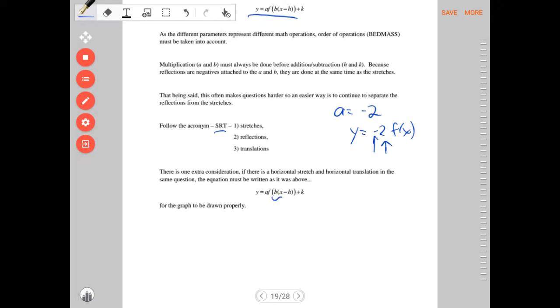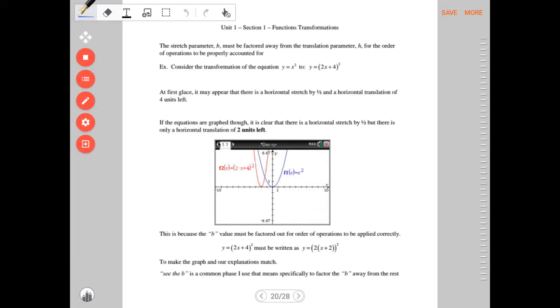For the graph to be drawn properly, the b and the h have to be separated like that. The stretch parameter b must be factored away from the translation parameter h in order for order of operations to be properly accounted for.